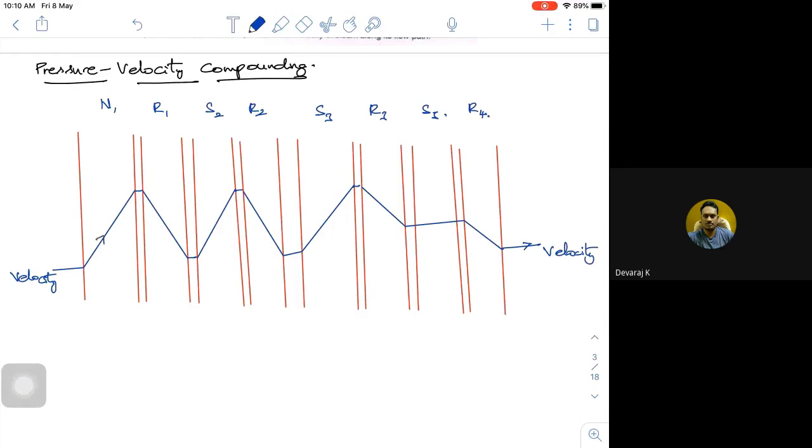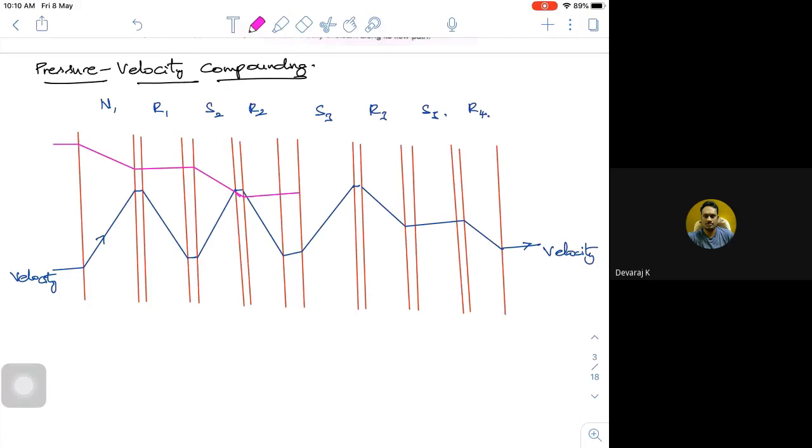What will happen to your pressure? Your pressure enters at some value. It drops in the nozzle, then it almost remains the same. Then it drops further, and almost remains the same.